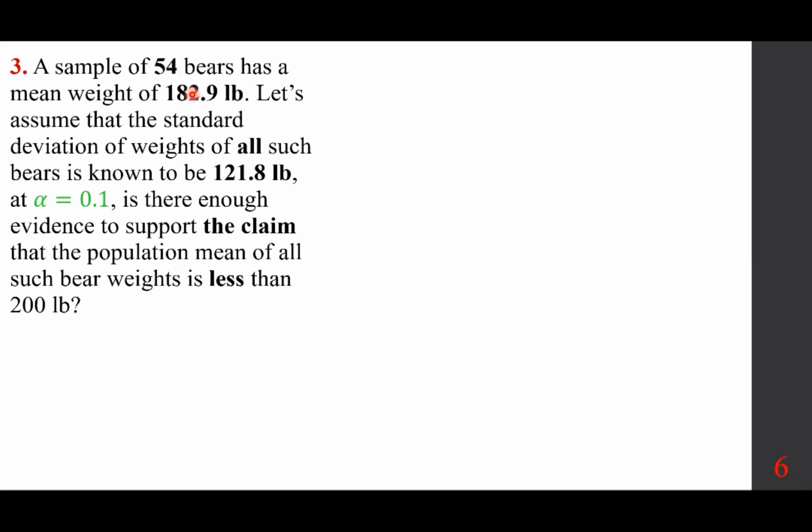So this is X bar, not mu. Let's assume the standard deviation for all, that means sigma for the population, is 121.8. Alpha is 0.1. And we're going to test the claim that the population mean of all such bear weights is less than 200 pounds. So mu is 200 pounds. So here's the given.